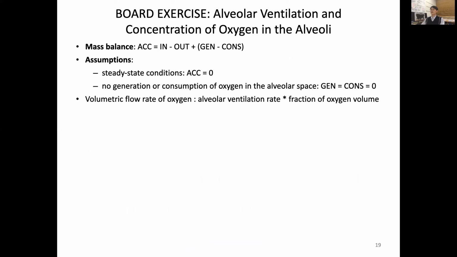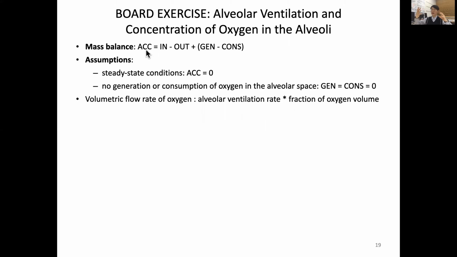So the next is, I think it's better to practice with a board exercise, which is alveolar ventilation and concentration of oxygen, because we care about this oxygen in the alveoli. To analyze this, we really need an engineering approach, with system definition and system boundary, which we discussed previously, as a mass balance, which is the accumulation inside this alveolar space over time.